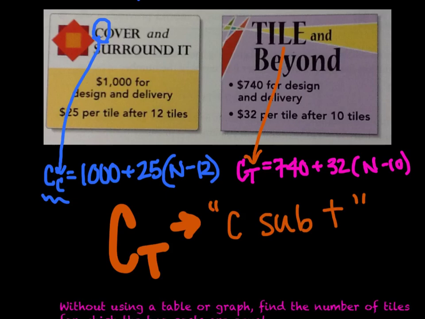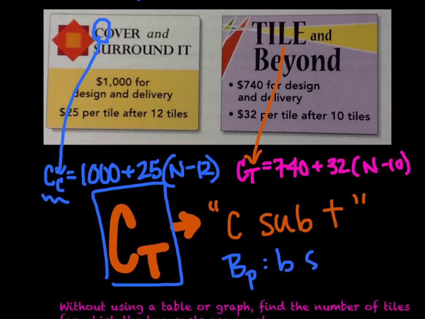One thing I'm hinting at here is this type of notation, C with a little t, which is called C sub t. That's how you would say it. If you had another one like B with a tiny p, you would say B sub p.